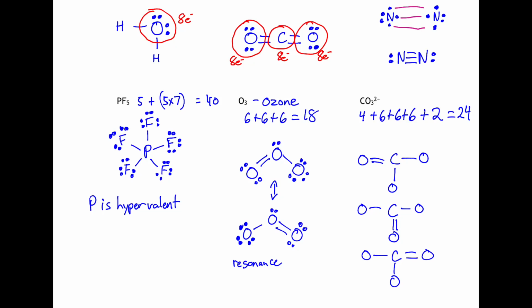Okay. So I want each element to see 8, right? We want each thing to see 8. How many does the double bonded oxygen have? It sees 4, so it only wants 2 more. Each of the single bonded O's wants 6 more. So each of those is going to get the 6 more.